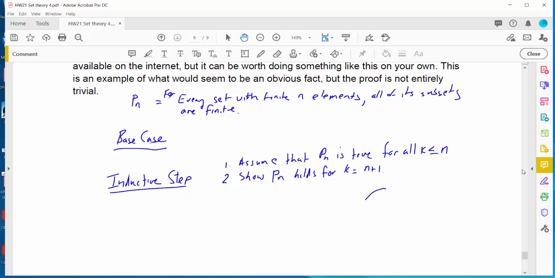Call this set S, and just think of it as having k plus 1 elements. So when you remove an element from S, you're back to k, and we already know that P holds for k. So that might be enough for you. If it seems like it is, see if you can go from there. Otherwise, I'll tell you a little more.